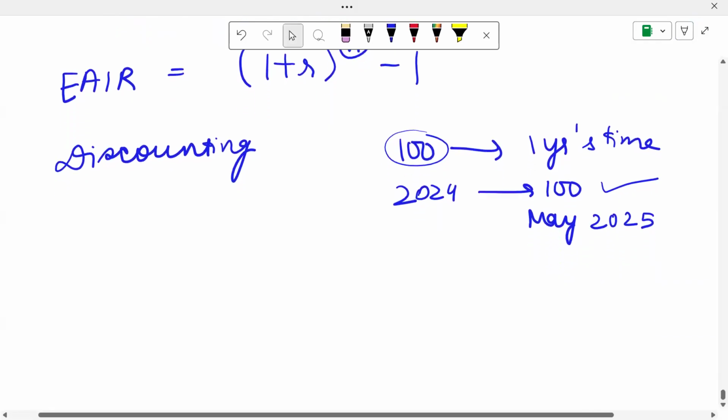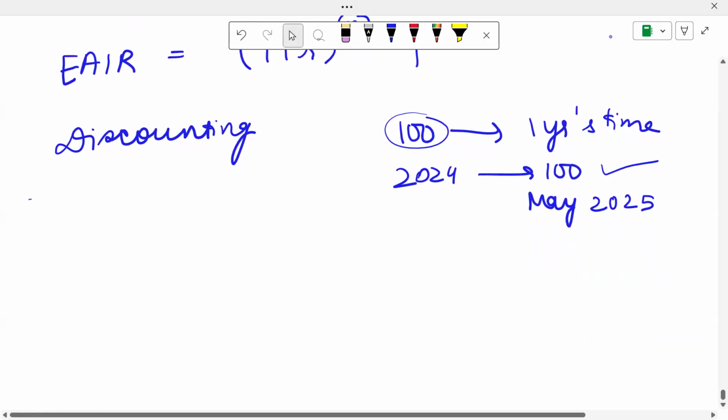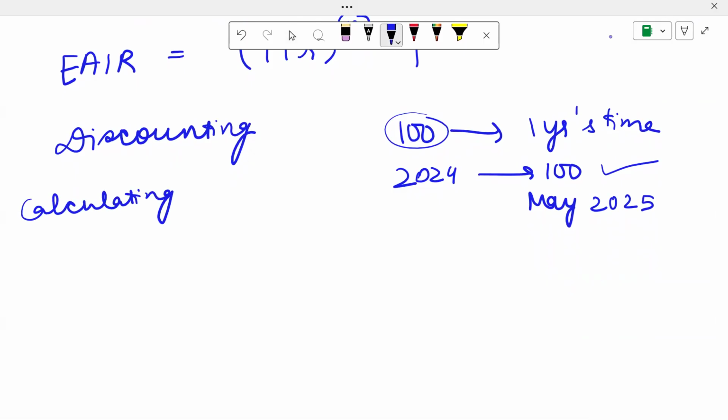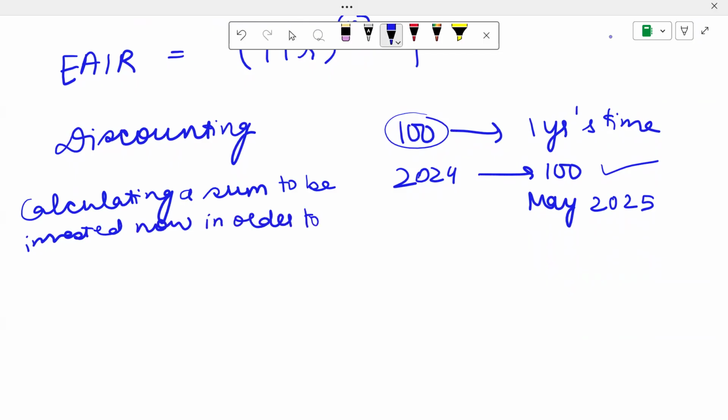So if you want to define discounting, it's just calculating a sum to be invested now in order to receive a given sum in the future.